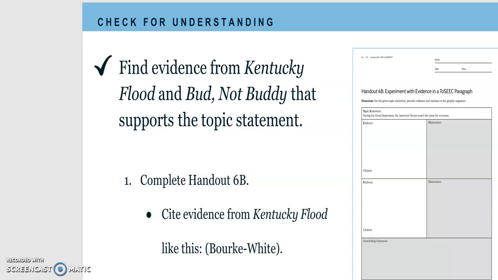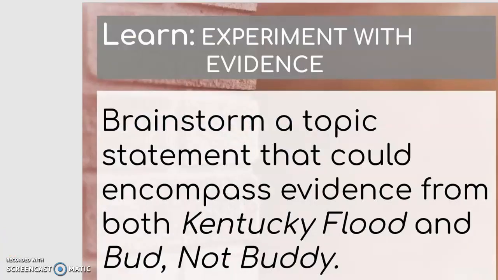You're going to complete Handout 6B and cite evidence from the Kentucky Flood. So you're going to use your Handout 6B to experiment with evidence in the two-sec, finding support in the picture and in the text, Bud, Not Buddy, that supports the topic statement. You're going to brainstorm a topic statement that could encompass evidence from both Kentucky Flood and Bud, Not Buddy.